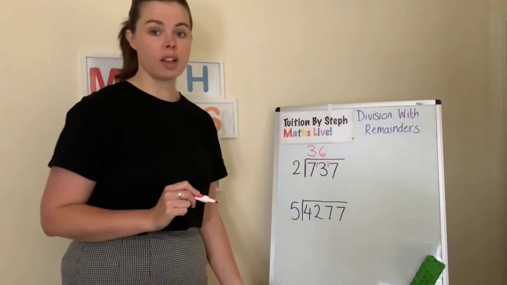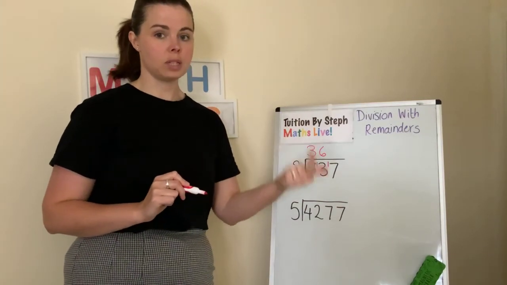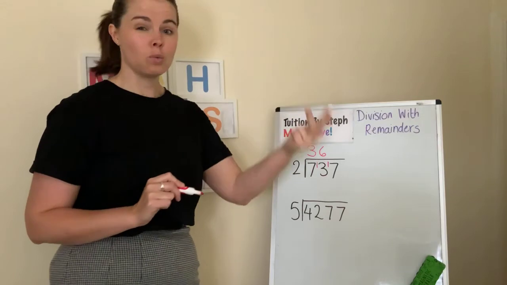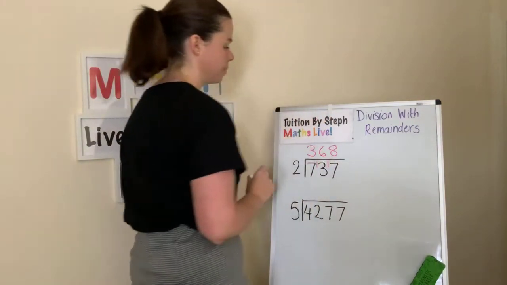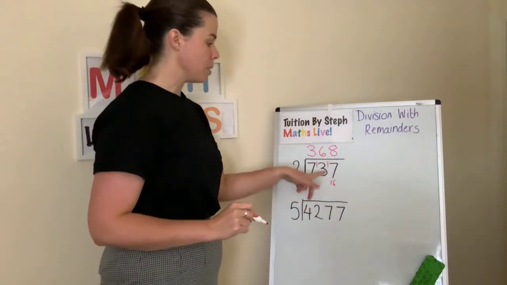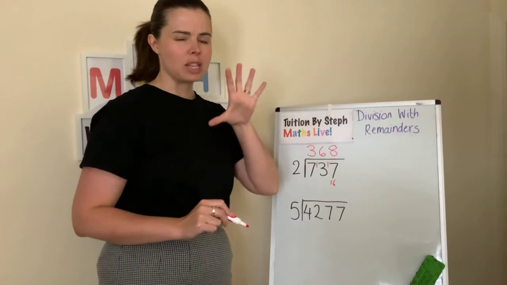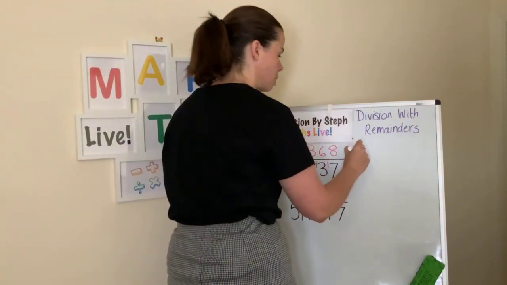How many 2's can you fit into 17? 2, 4, 6, 8, 10, 12, 14, 16. Ooh, 18's too far, so that's 8. 2 8's are 16. Now, we got up to 16, and we need 17. So, Bella, you can see there's a remainder of 1. Okay?